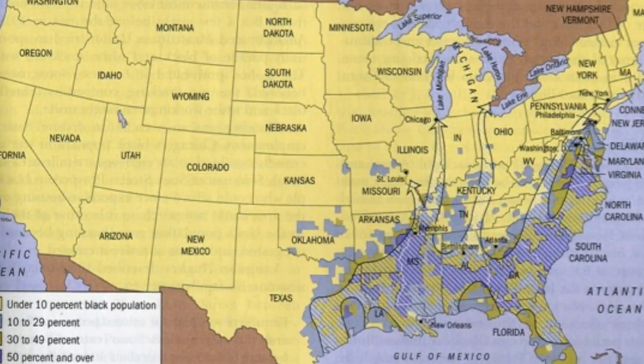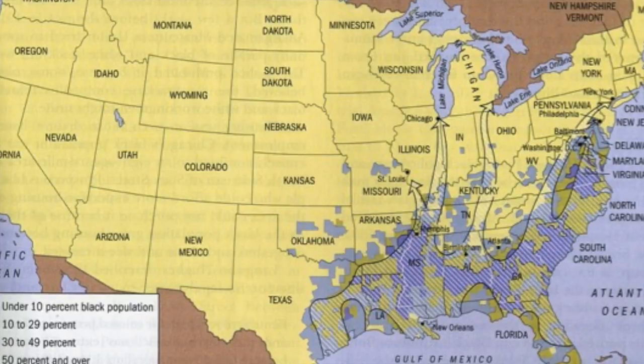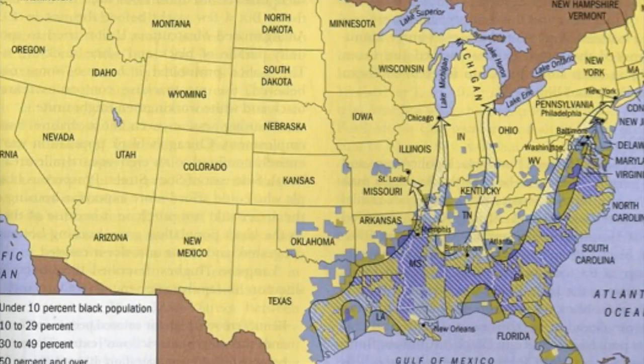Those from Louisiana, Mississippi, and Arkansas took the Illinois Central Railroad to Chicago. Secondary relocation often then took place from a large metropolis to smaller cities, like from Philadelphia in Pennsylvania to the smaller city of Harrisburg in Pennsylvania, or to Altoona or Wilmington, Delaware.